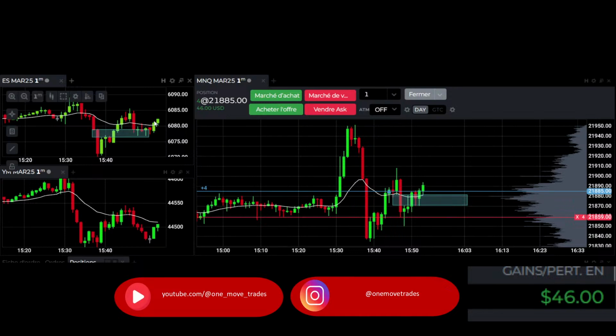So ES, like I said earlier, we will consider it as a support. Price will give us some consolidation, and we can see here that price broke this moving average. So let's wait and see.